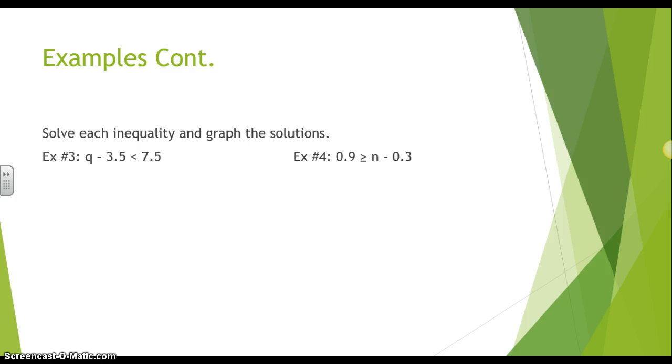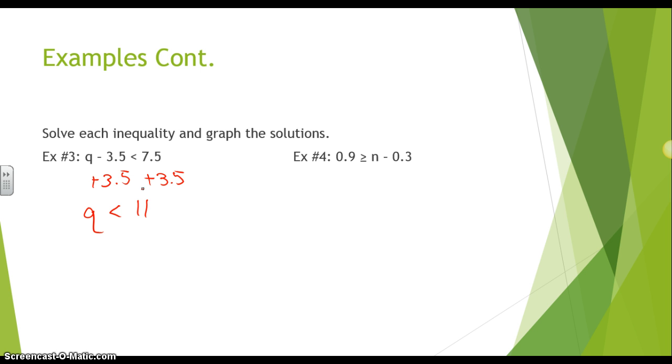Solve again the inequalities and graph the solution. q minus 3.5 is less than 7.5. So I'm going to add 3.5 to the left, add 3.5 to the right. So I have here q is less than 7.5 plus 3.5, which is going to give me 11.